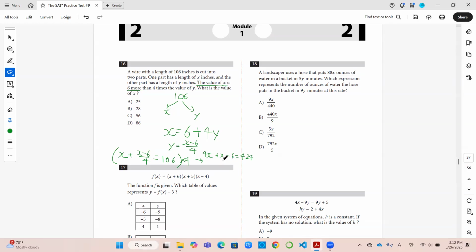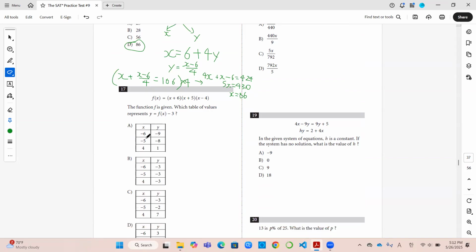So 5x is 430 and x is equal to 86. Are we clear? Okay, cool. Moving on.